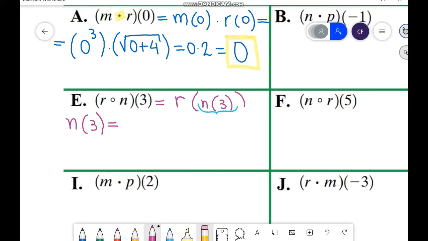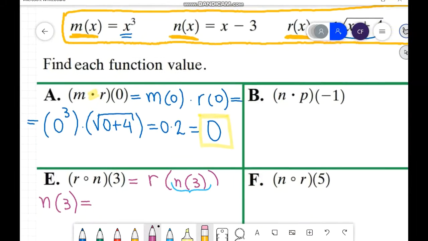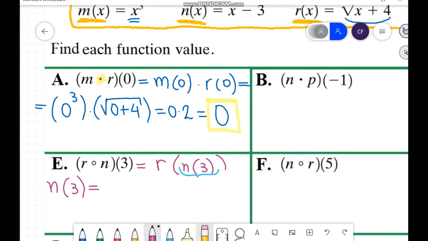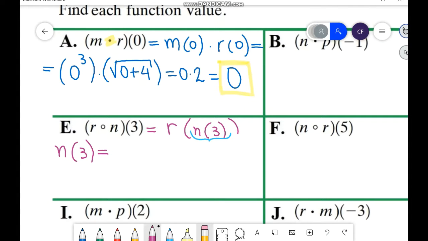What is the function n? Check on the first line here. N of x equals x minus 3. That means if x equals 3, 3 minus 3, and 3 minus 3 equals 0. Now you're going to plug in 0 into the function r.